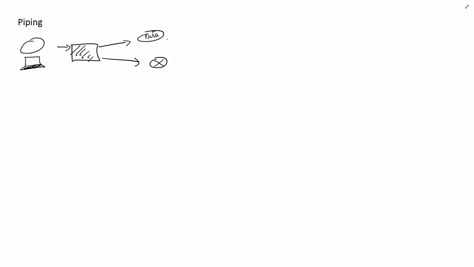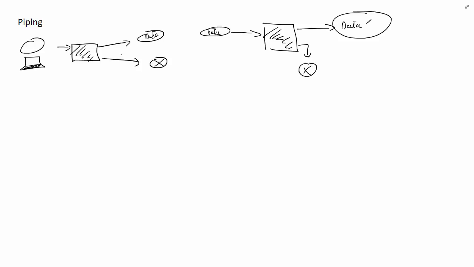Now I want to take the result of this first processing and feed it to another command, for example sort, another filter that, if necessary, can generate an error message. But what I'm really looking for is, let's call it data prime, the next step in the processing of the data that I originally input on my keyboard, and I want to display that on the screen.